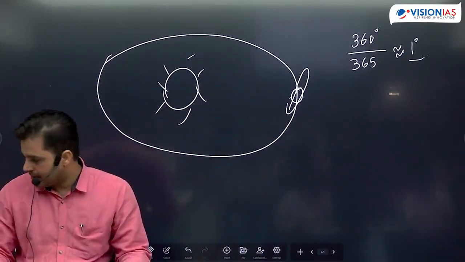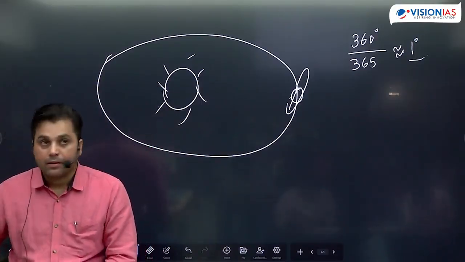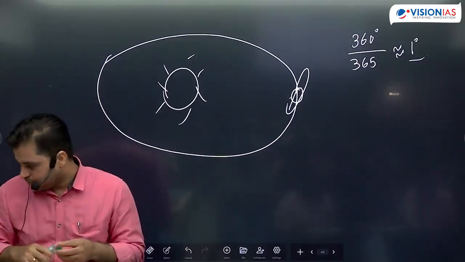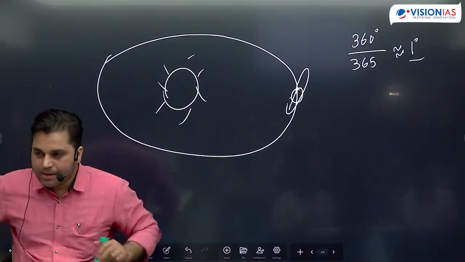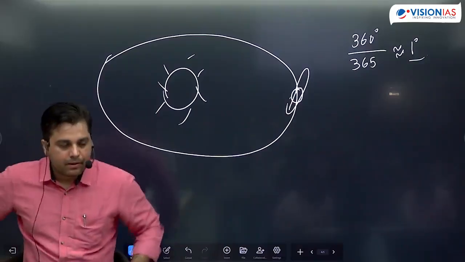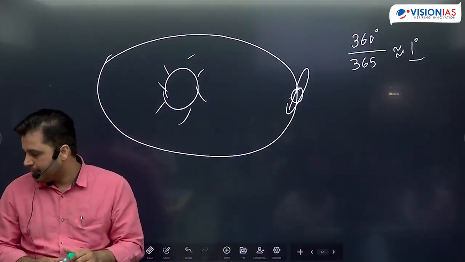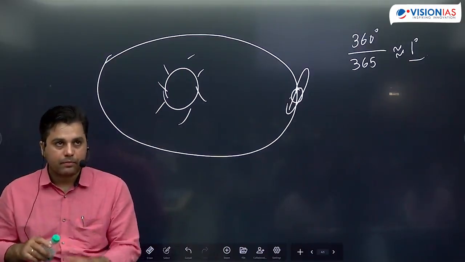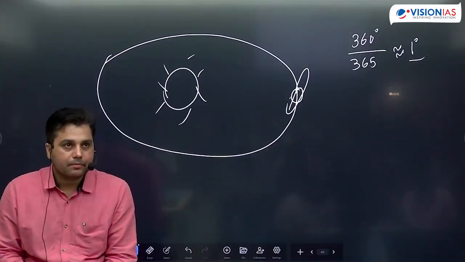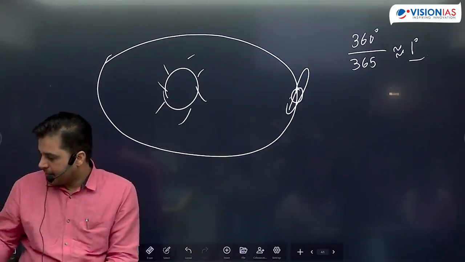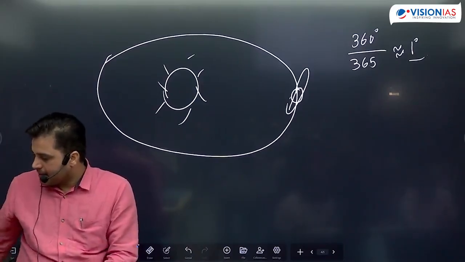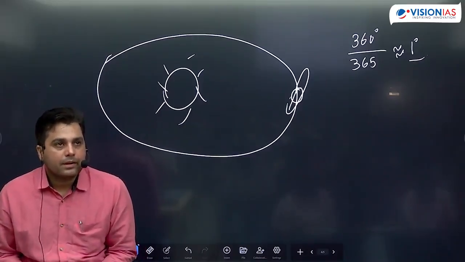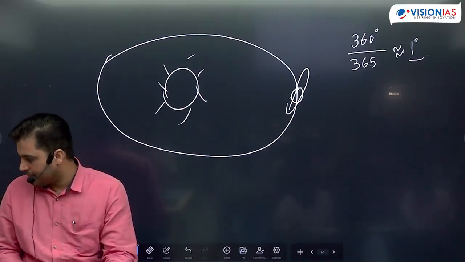In sun synchronous orbit, satellite's orientation is fixed relative to the sun throughout the year.